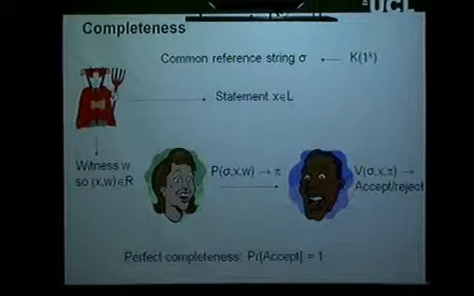And we would like to have completeness, which means that in this kind of experiment, the verifier will always accept. Okay? And note here, the reason we let the adversary generate the statement and the witness is because now we have actually the worst case scenario. Even on the worst possible statement, the worst possible witness, we will still be able to convince the verifier.